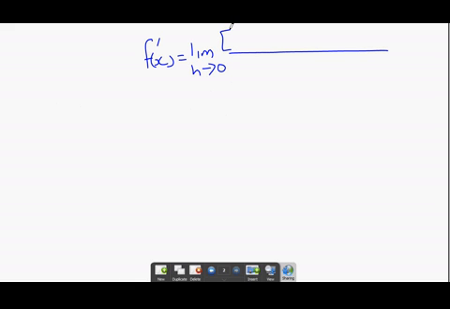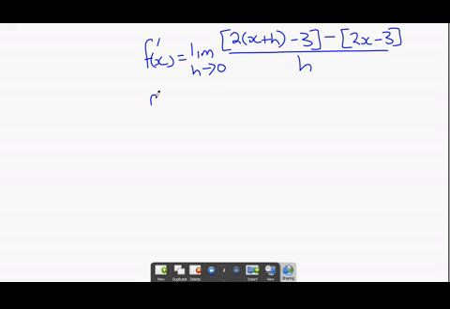Instead of putting f of x plus h, we will put what the function is, which is 2 times (x plus h) minus 3 close bracket, and then also we substitute for f of x, which is 2x minus 3, like that, divided by h.